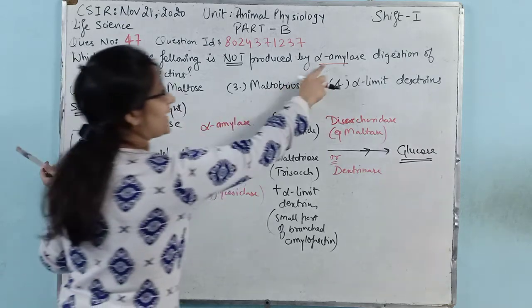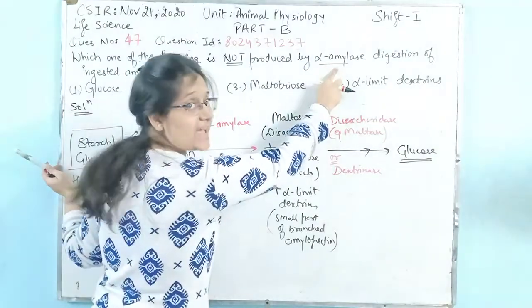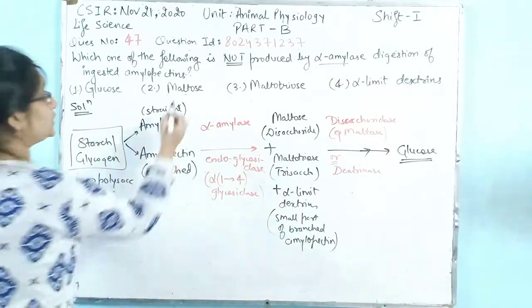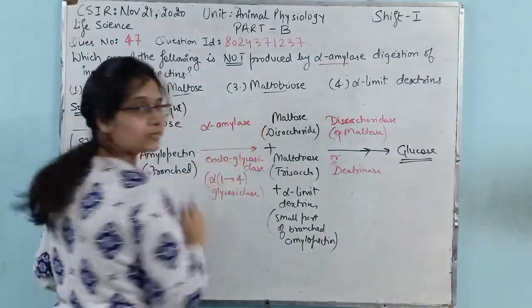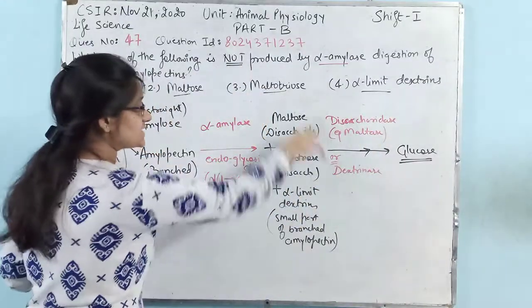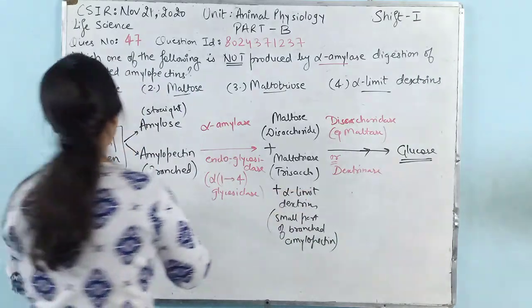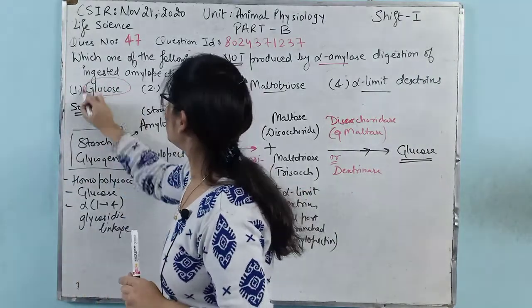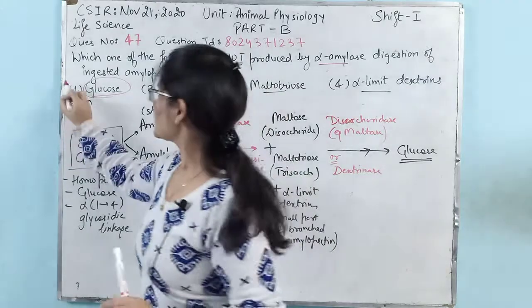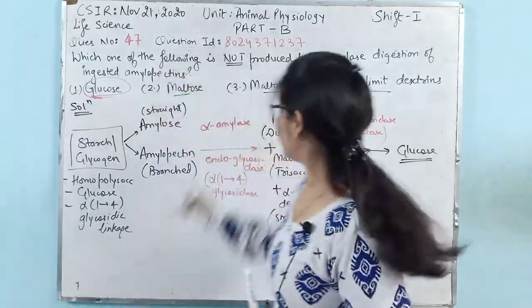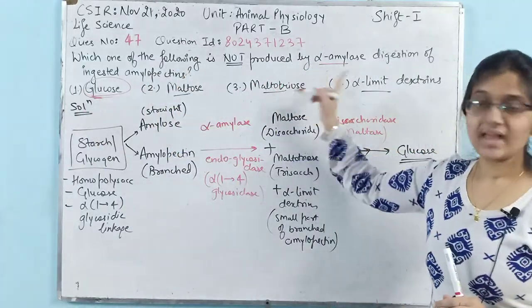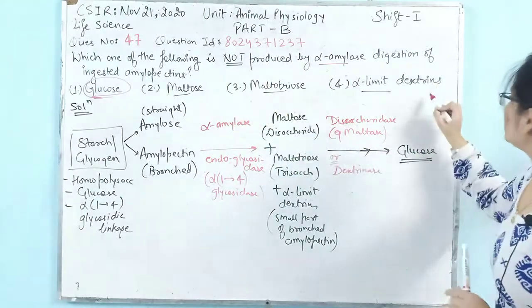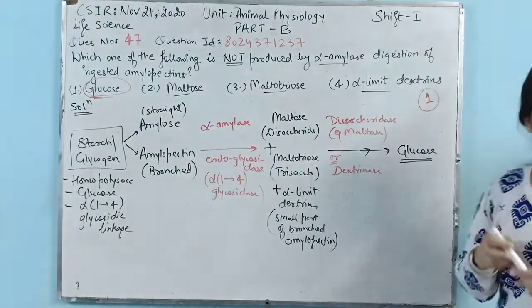So action by an endoglycosidase, alpha amylase, is going to yield maltose, maltotriose and alpha limit dextrins, but it will not yield the glucose molecule. This is the one which will not be yielded by the action of alpha amylase. Hence, the correct option for this question is 1.